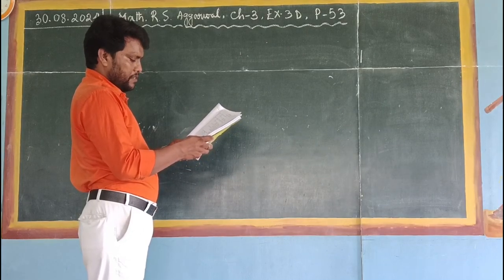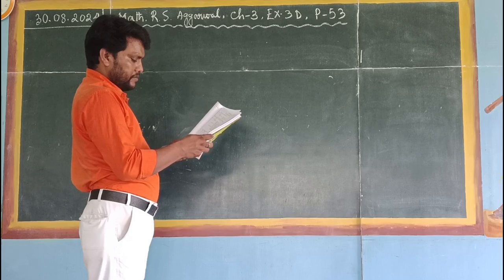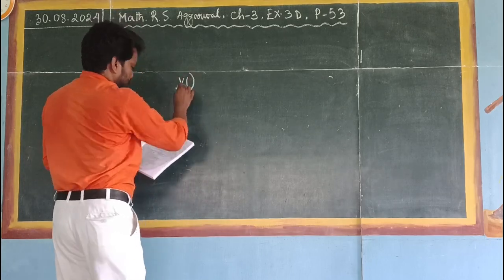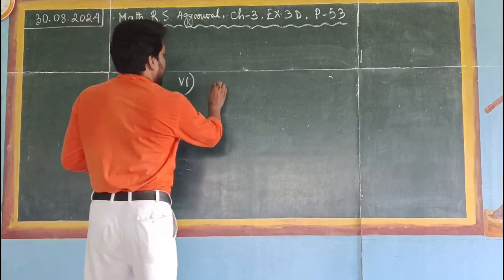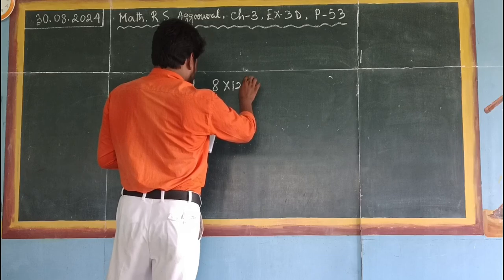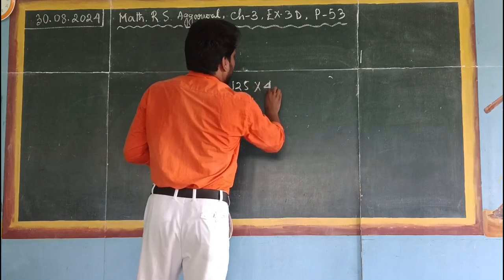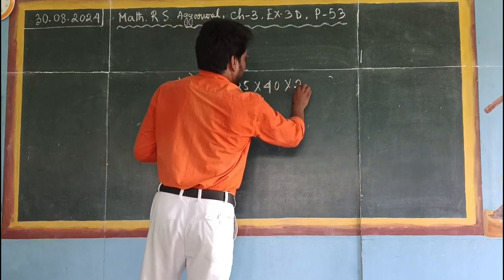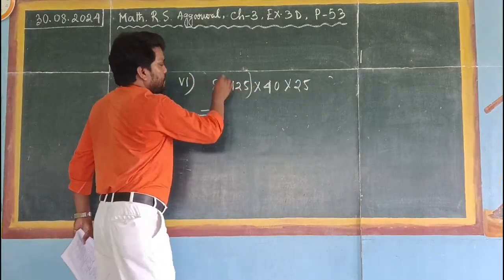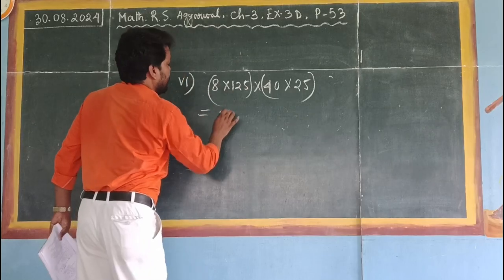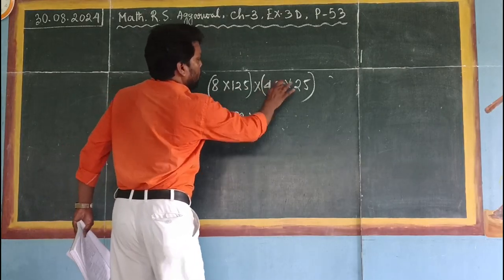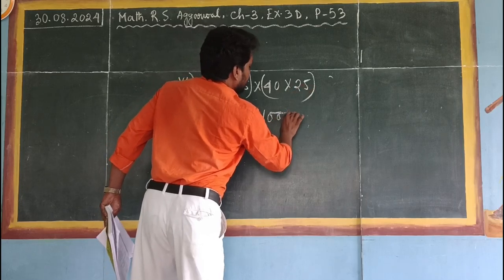The problems are the same. Next, here: 8 into 125 into 40 into 25. Regroup: 8 into 125 is 1000, and 40 into 25 is 1000.